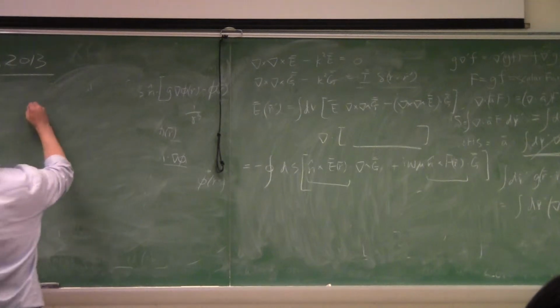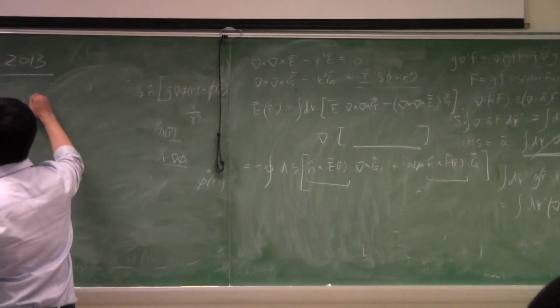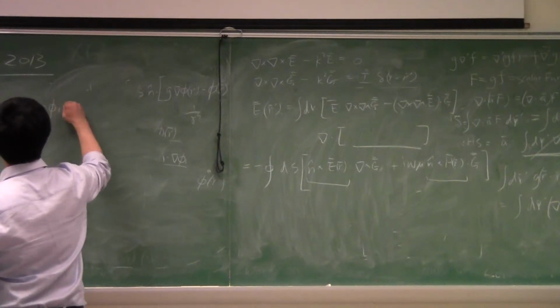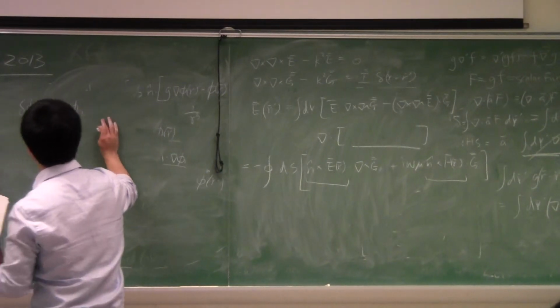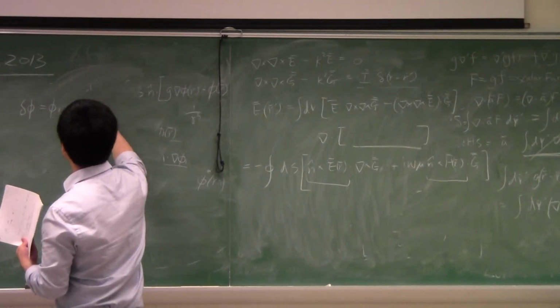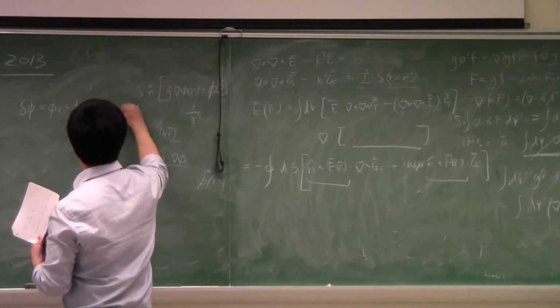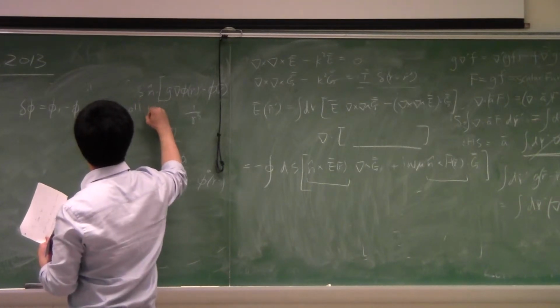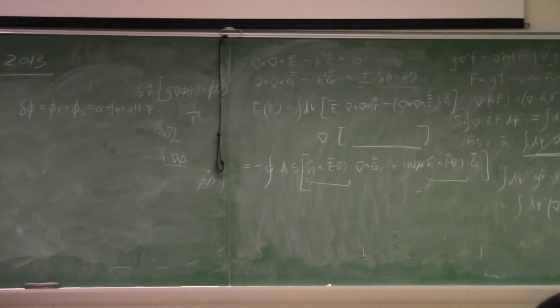So it is only unique when, if I define this delta phi as phi 1 minus phi 2, and only if this is equal to 0 for all R, can we say that this solution is unique?